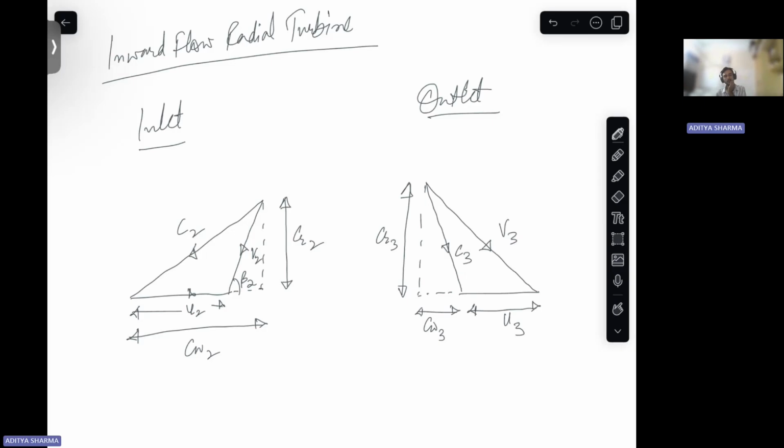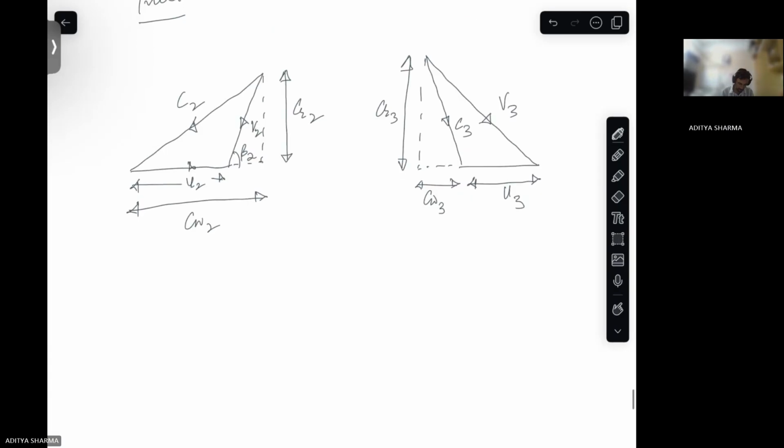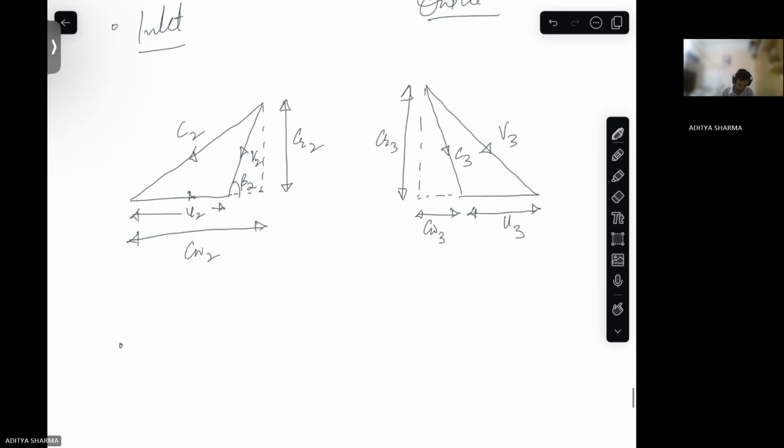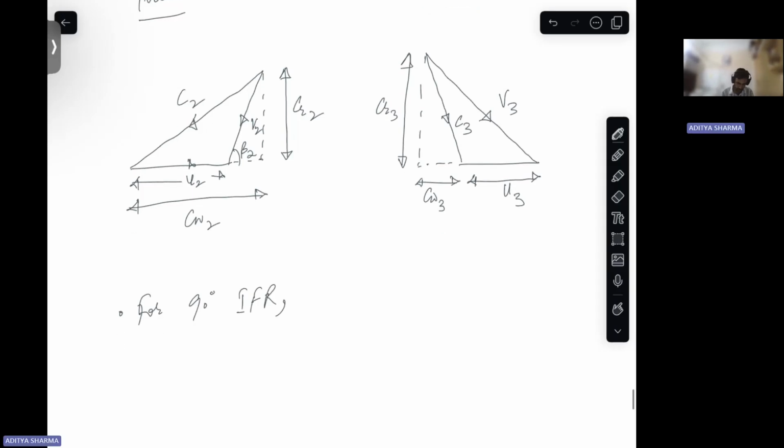If you want a 90-degree inward flow radial turbine, in that case, what is the condition? The condition is beta 2 is 90 degrees and alpha 3 is 90 degrees.